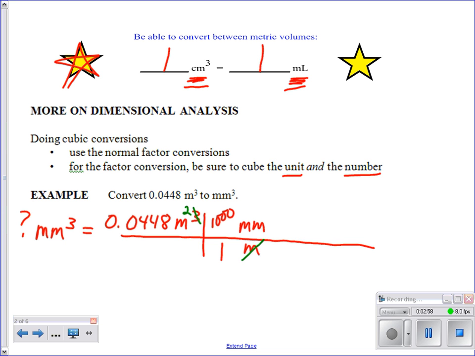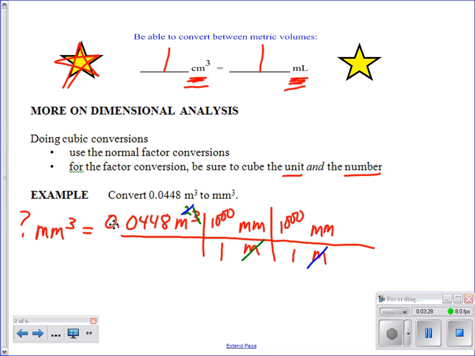So what do you think we have to do? Do it again. Okay, so we're going to get rid of another one of these meters and go to millimeters. Again, it's the same conversion factor. 1 meter is 1,000 millimeters. So now we've gotten rid of another one of those meters. And if we stopped right now, we would have meters times millimeters squared. Not good enough.